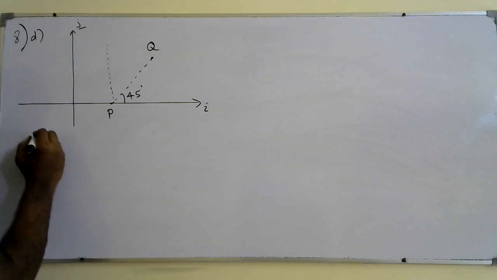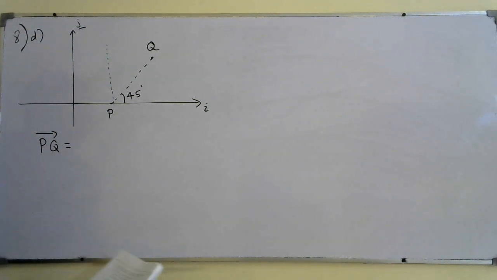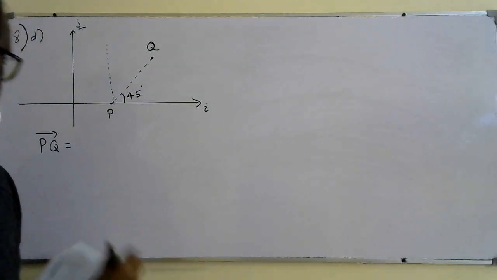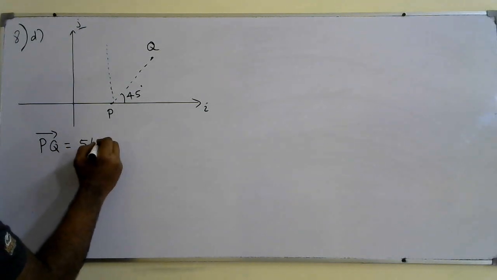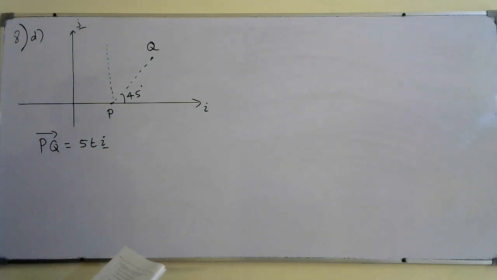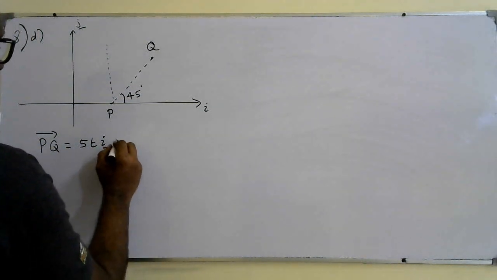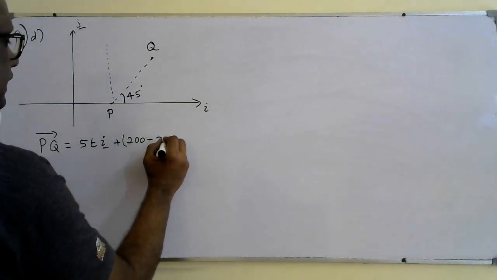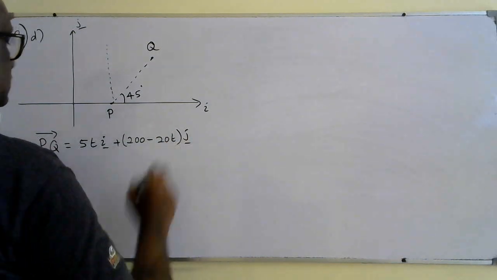Vector PQ, we found the general equation: 5t i plus (200 minus 20t) j.